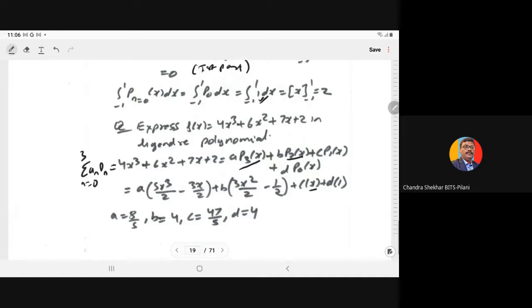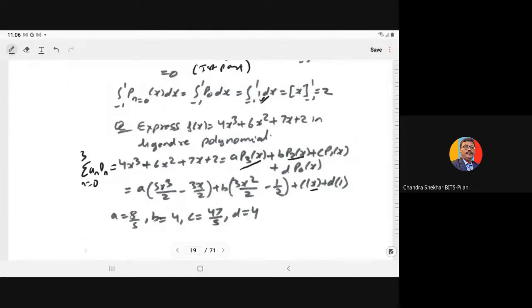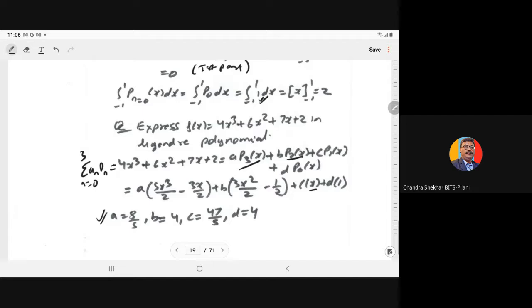So just collect the coefficient of x cube, the coefficient of x square, the coefficient of x, and the term independent of x, or x to the power 0. Now we have four equations in terms of A, B, C, D, where A, B, C, D are unknown. So from that we can compute the values of A, B, C, D.